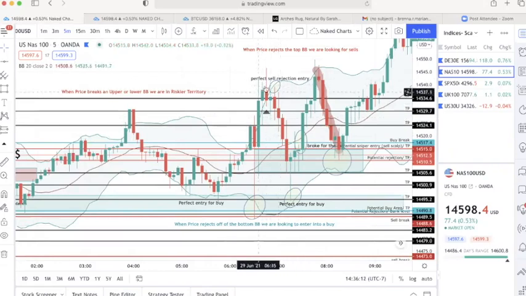Once we start seeing these rejections, if we took a buy here and we stayed in it, or we got out here, re-entered down here on a riskier buy, knowing that this was a closed candle on the outside, we took it all the way up here. And when would we get out of it, right? When price starts rejecting, right? So we would get out of our buy. So what I'm saying is the perfect entry for our sell after our buy is over is once price rejects the Bollinger Band. Here, I'm going to zoom in.